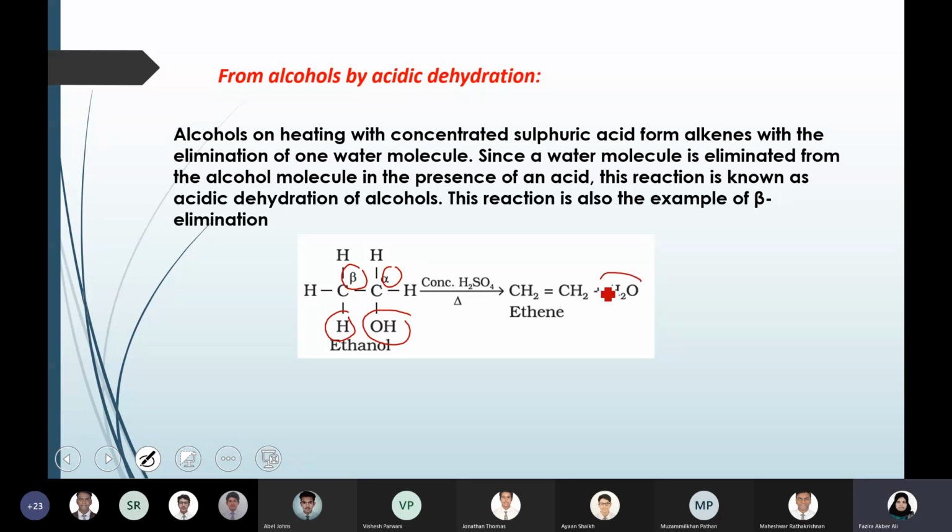That is how one molecule of water is removed, and when something is eliminated, a double bond is created between the carbons. So it is again an example of elimination. You are removing one molecule of water. It is beta elimination, because elimination is happening from the beta position. And this is also dehydration, because you are removing water.